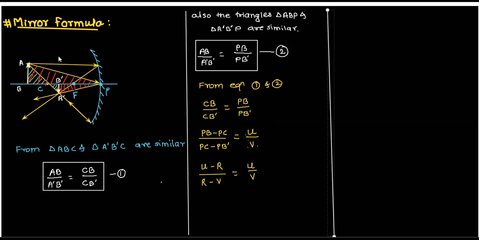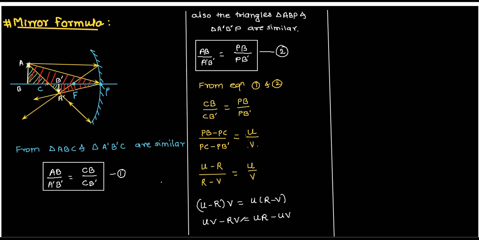So now just cross multiplication we are doing this. V into (U minus R) is equal to U into (R minus V). So what you are getting here? UV minus RV is equal to UR minus UV.